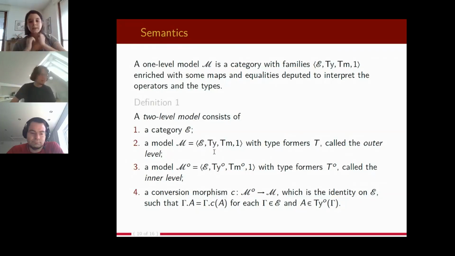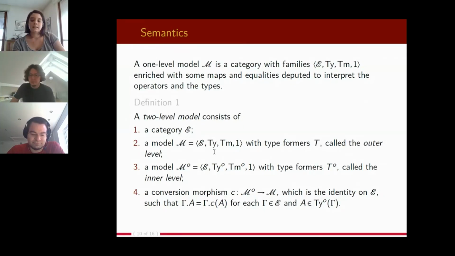Then we will have another model, MO, with the same base category and other functors TYO, TMO, and the same terminal object 1. Here the typeformers are T0, and again we have the usual inductive types, but here equality is univalent. And then we have a conversion morphism C, which goes from MO to M, so from the inner level to the outer one.